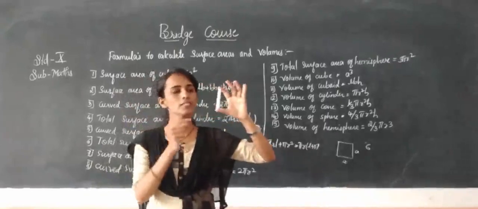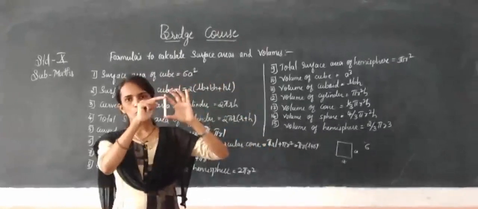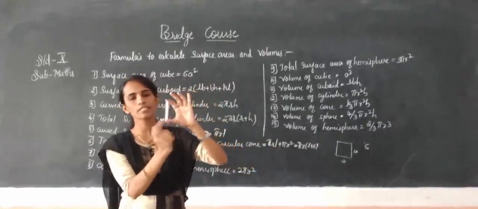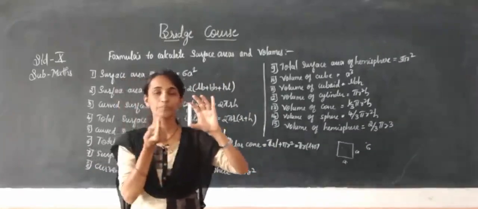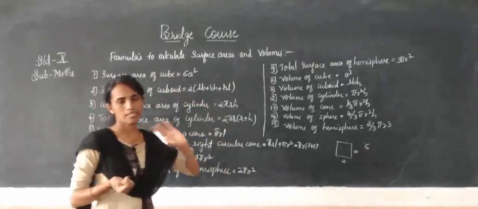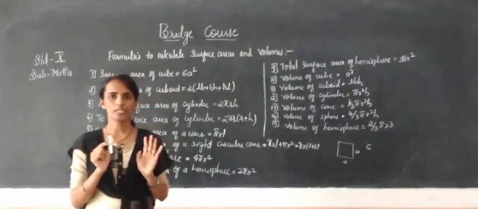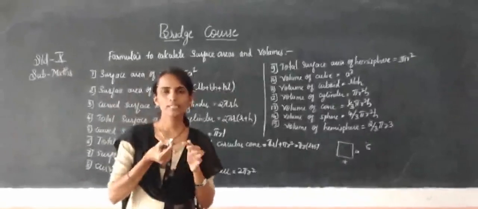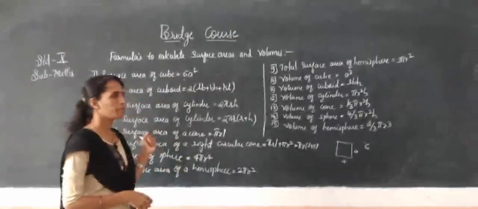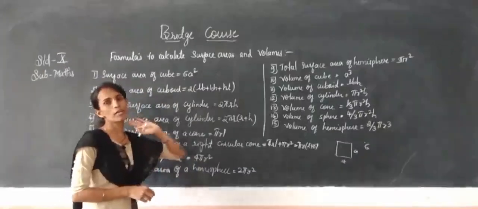Curved surface area means we leave the top area and base area, and measure only the curved surface. So except the base and top, which are circles, the curved surface area becomes 2 pi r h square units.